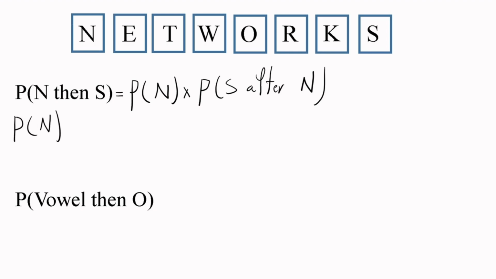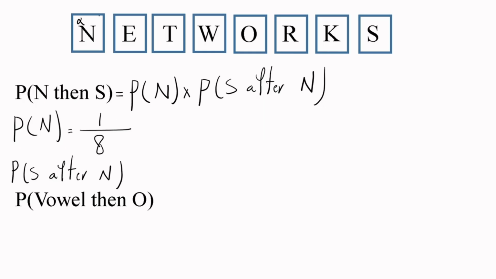What is the number of favorable outcomes? 1. And what is the number of possible outcomes? 1, 2, 3, 4, 5, 6, 7, 8. So 1 over 8.